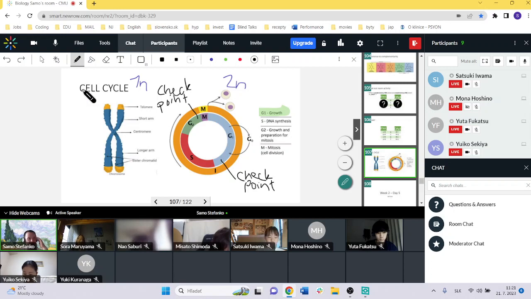Do you understand, guys, the verb check? What does it mean? Yes? Okay. So basically the cell checks herself if everything is all right, if everything is correct, even after replication, if there is no error in the genetic material, if the cell is basically working properly.